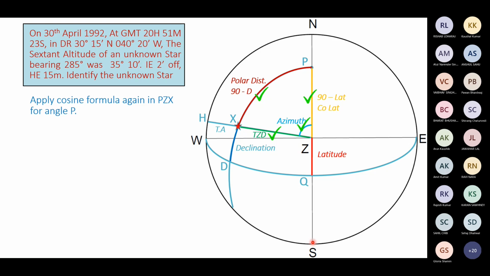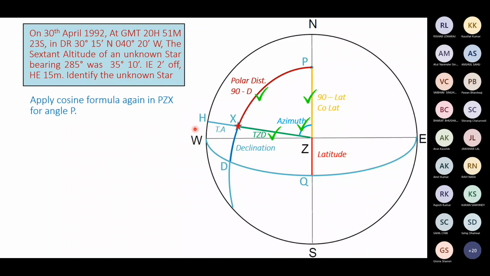PZQS represents the celestial meridian of the observer, and PXD represents the celestial meridian of the heavenly body or the star. So the angle between the celestial meridian of the observer and the celestial meridian of the body is measured westwards. You can see the angle is being measured in a westerly direction.